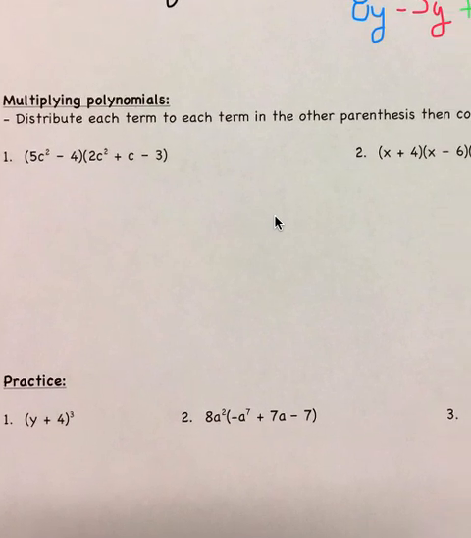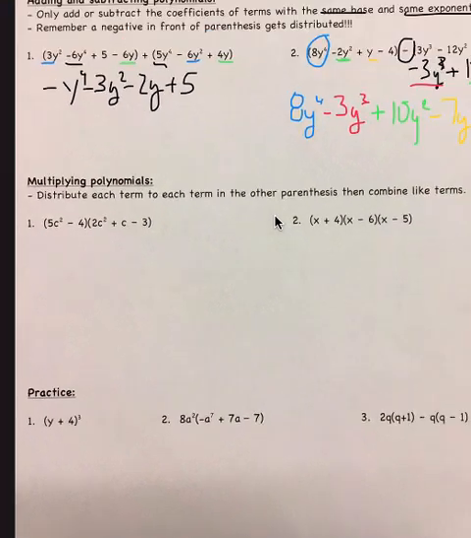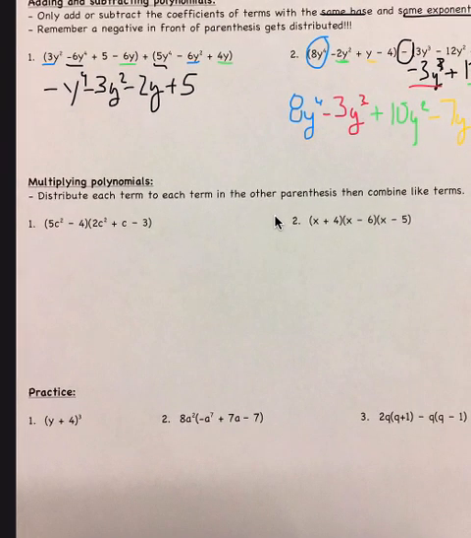When we do multiplying, we have to distribute each term in the other parentheses, then combine like terms.